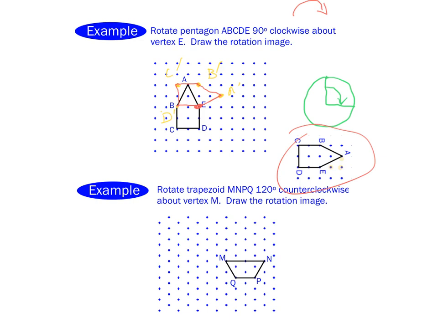And if you take a protractor and you measure 120 degrees, what you're going to find is that this line here and this line here form a 120-degree angle. So if we're rotating counterclockwise, that means we're going this way, then the protractor is going to be needed to get the 120 degrees, more than likely.